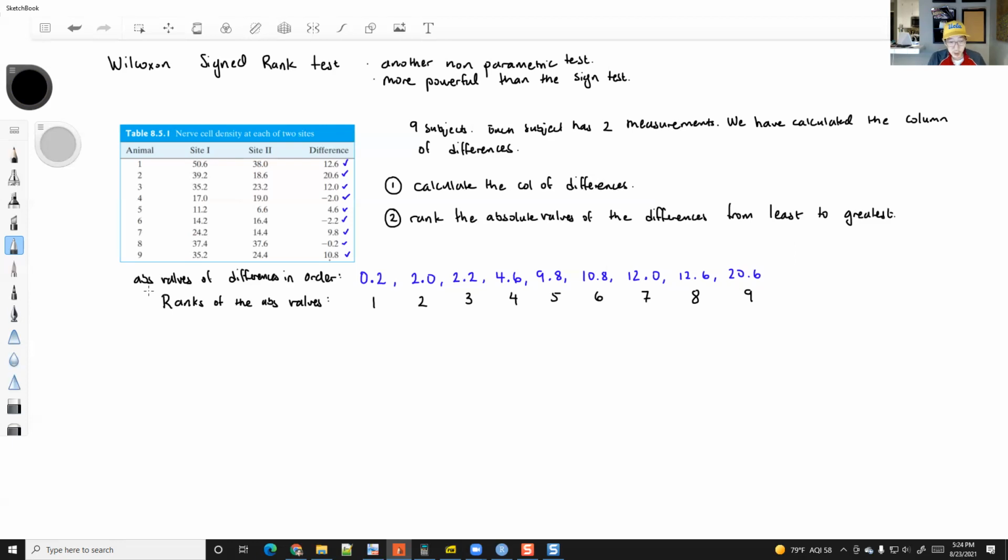All right, and then we go back and apply signs to the values. So step 3 will be apply signs to the ranks.